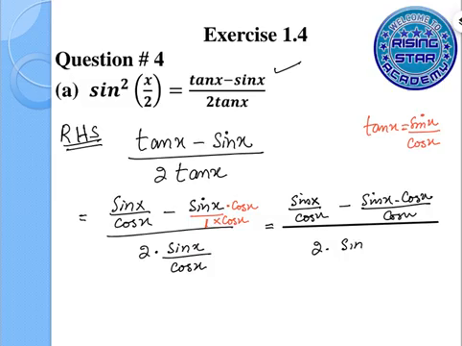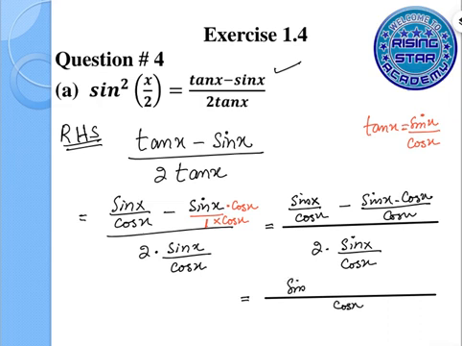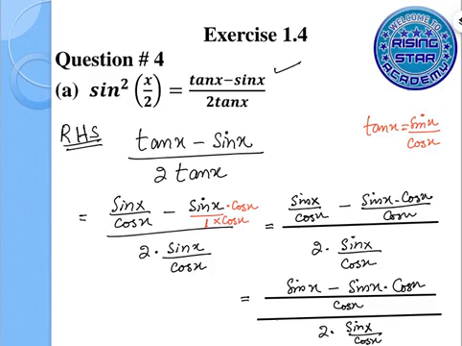Now we will take the LCM, that would be cos x, so sine x minus sine x into cos x, then we can divide it by the whole, 2 times sine x over cos x.